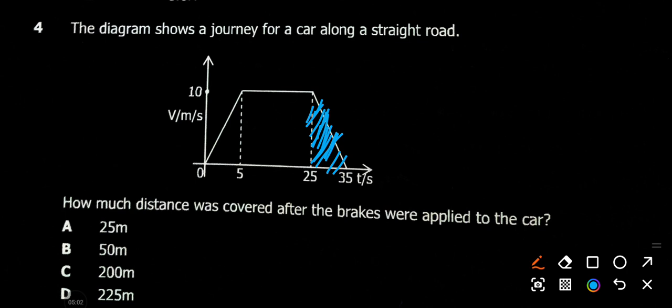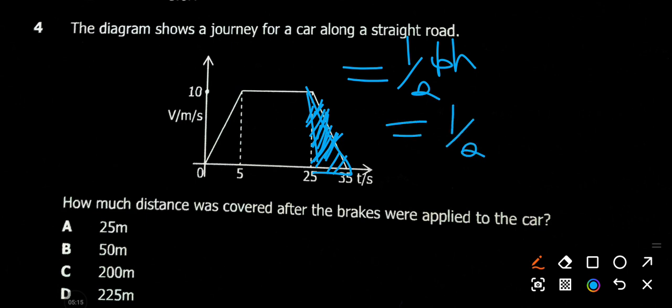Okay, so the area under the graph, right, and the shape we're given for this part here is a triangle. The area of a triangle is half base times height. So I have there half times 10 by 35 minus 25.